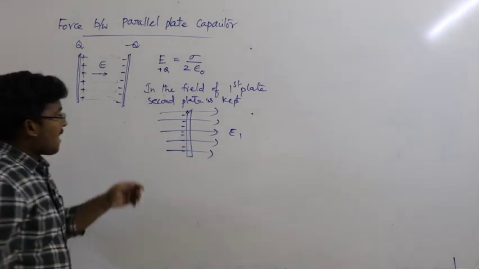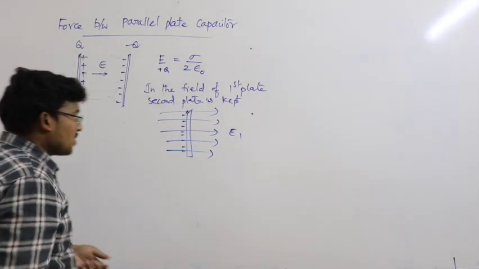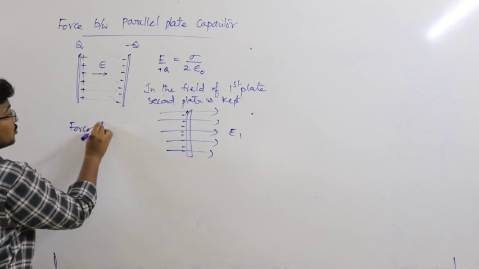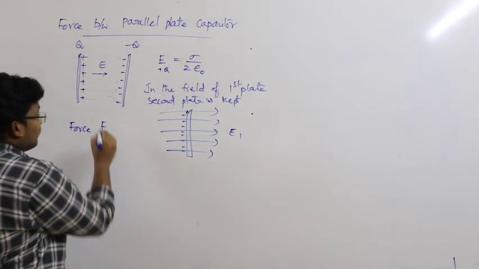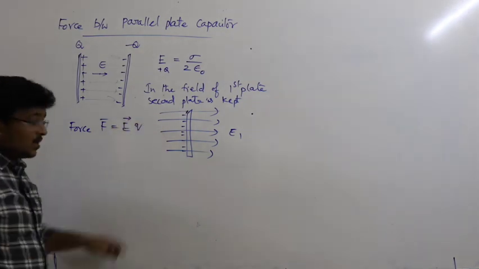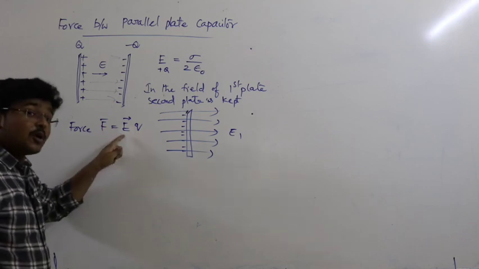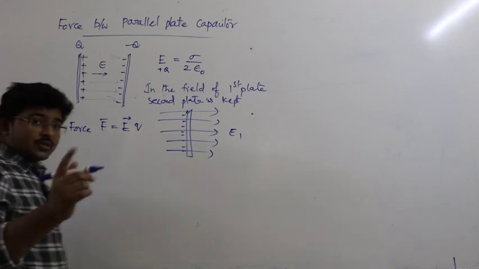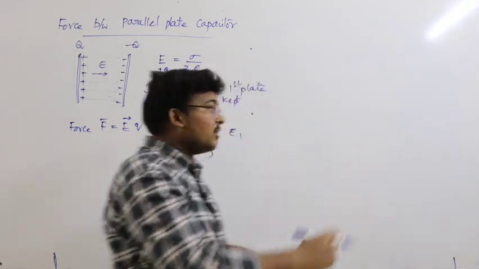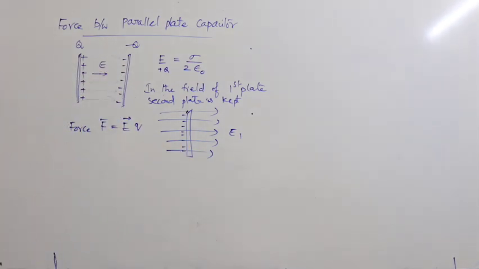Now you know that when some charges are kept in a field, they experience some force, and as it is a negative charge, we know the force formula. Force according to electrostatics, F bar is equal to E bar into the charge. If the charge is negative, the force will be opposite to the electric field. You know that positive charges experience force in the direction of the electric field, negative charges experience a force in the opposite direction of the electric field.